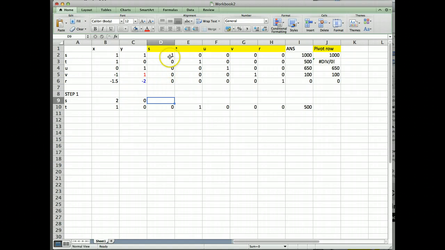Negative 1 times 0 is 0. 0 plus 1 is 1. Negative 1 times 0, moving over to the T column. Negative 1 times 0 is 0. 0 plus 0 is 0. Similar for U, V, and R. Negative 1 times 100 plus 1,000 is 900.